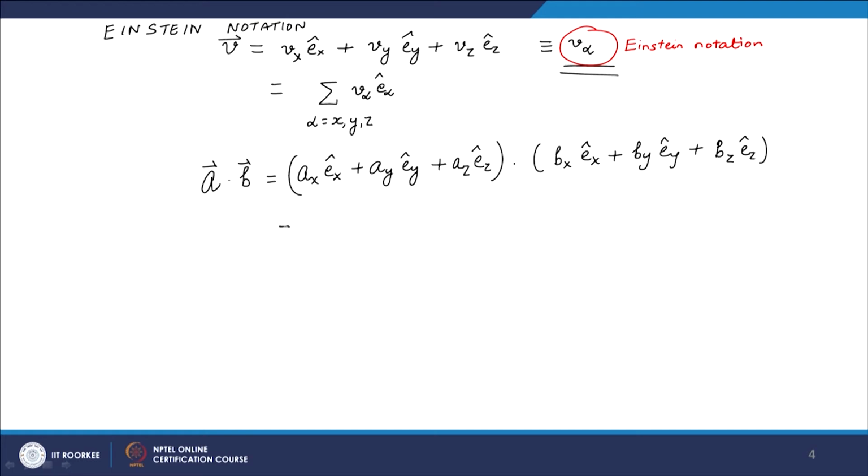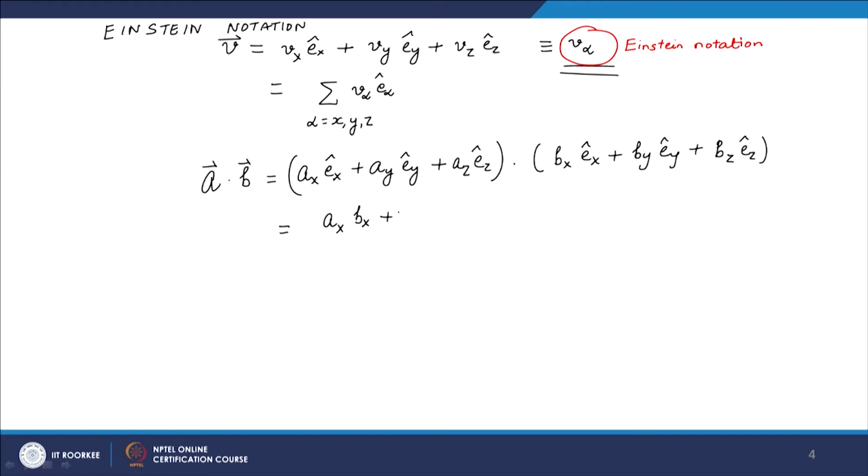and then we know that all the dot products of unit vectors in different directions, which are orthogonal to each other, will cancel. Like Ex dot Ey is 0, Ex dot Ez is 0, but in the same direction they will dot to 1. So, Ex dot Ex will be equal to 1.